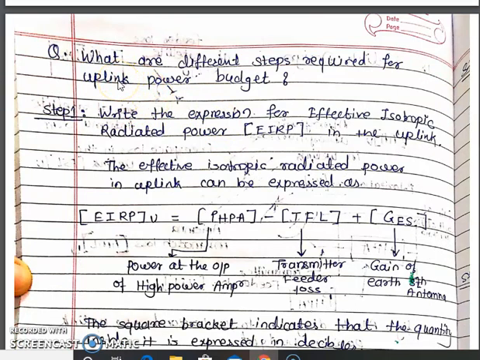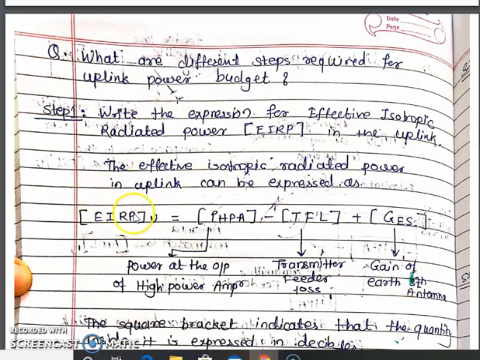In that, step 1 is to write the expression for the effective radiated power, that is the EIRP. The EIRP for the uplink is the power at the output of the high power amplifier, PHPA, minus the transmitter feeder loss, plus the gain of the earth station antenna.